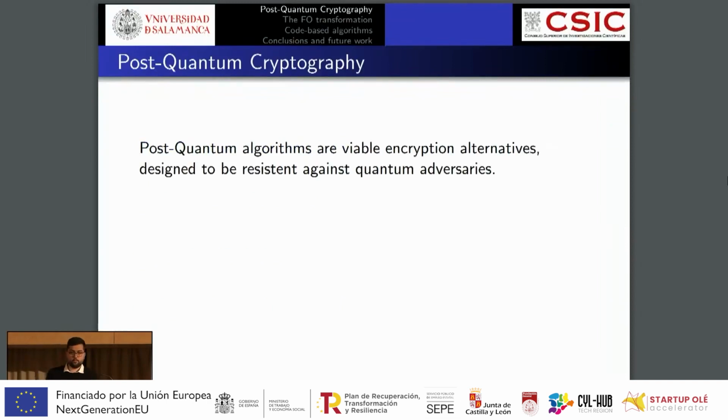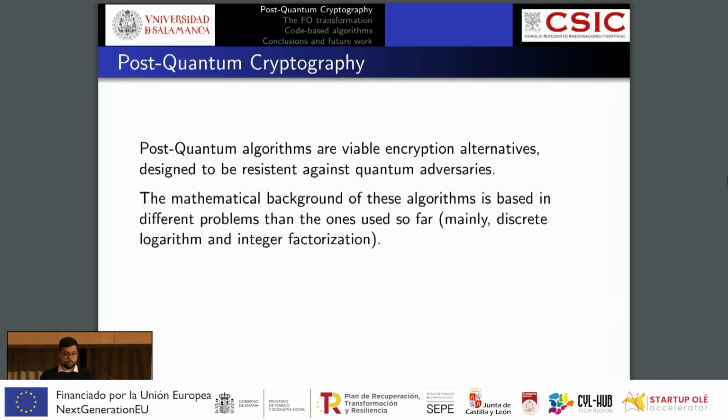So as I was saying, we know that quantum computation and quantum computers pose a threat to the current security of our systems and our current cryptography. The problem is that it breaks the mathematical background used today for our security. So we need a new mathematical background.